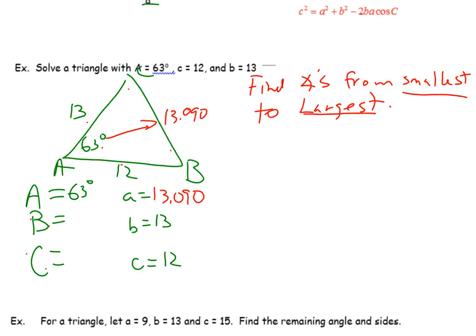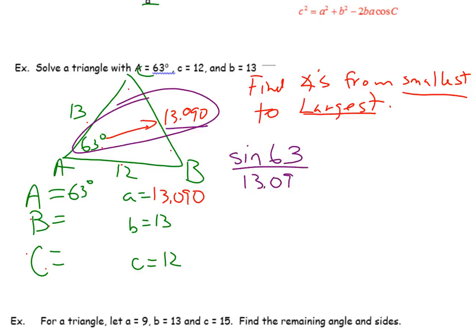Well, wait a minute. By finding this missing side a, don't I have the complete package now? Can't I use the law of sines at this point? So couldn't I now say that the sine of 63 degrees over his opposite side 13.090 is equal to the sine of angle C divided by his opposite side 12.